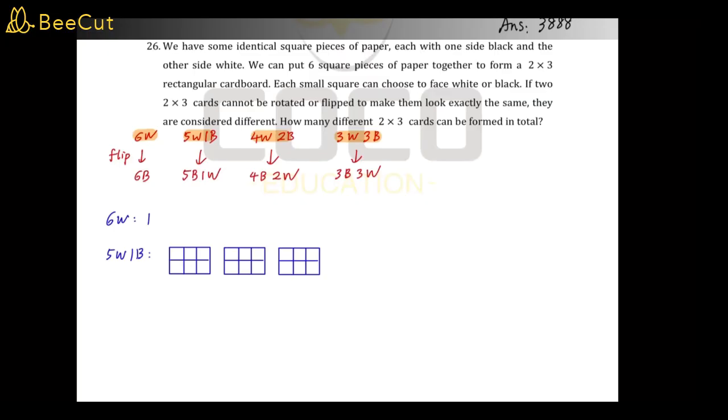Now, you can place it on the first row. This one, after rotation, goes to this part. So those two are the same.